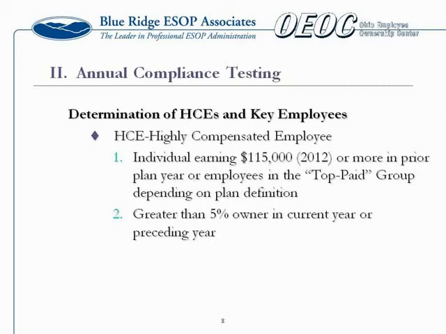And so with this top paid group, you can actually put provisions in your plan document that say we're going to define our highly compensated as the top 20% of compensated.